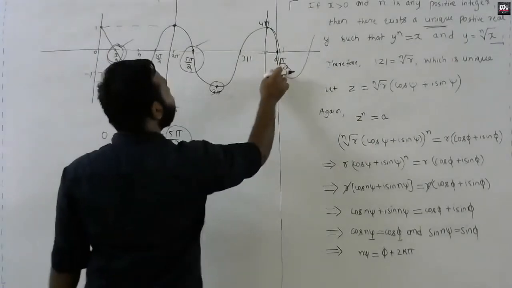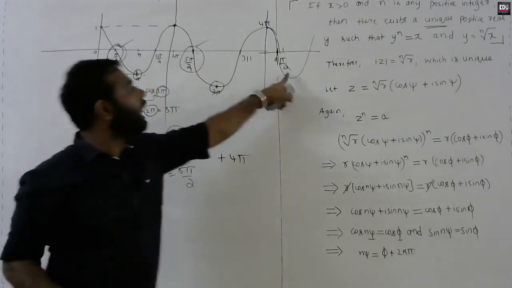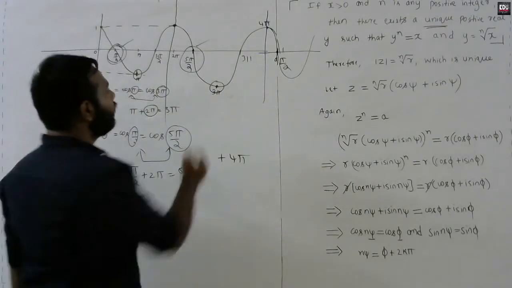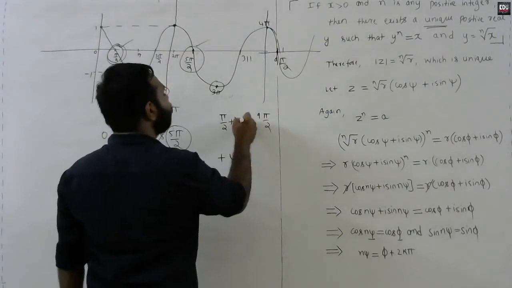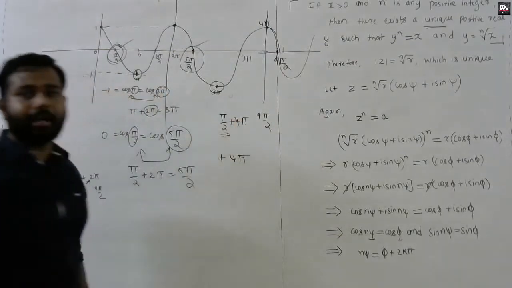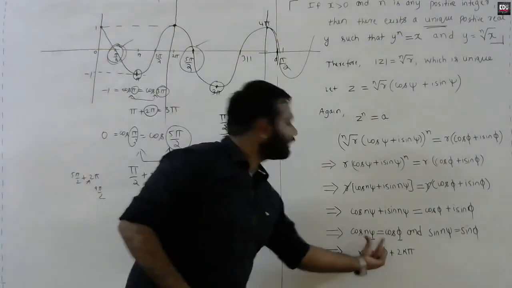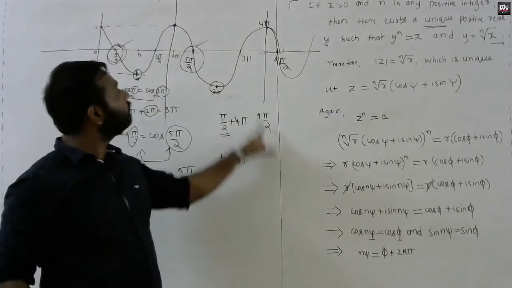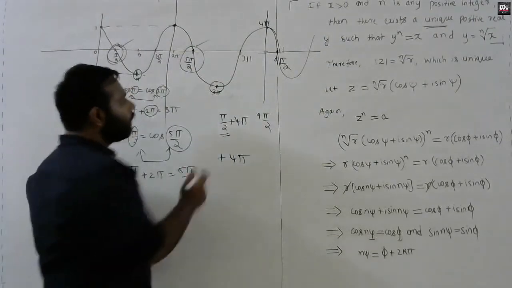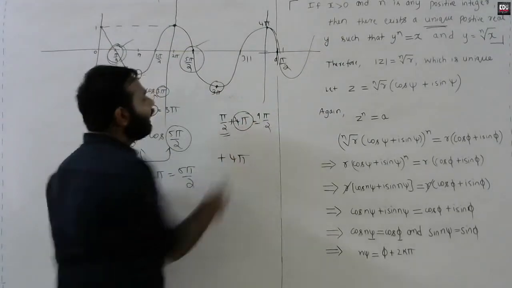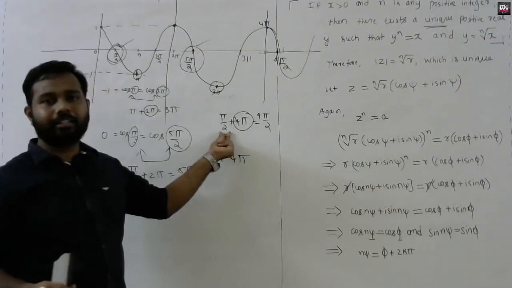Cos of 9 pi by 2 and cos of pi by 2 are both 0, and the angles are symmetric points, and you get 9 pi by 2 by adding 4 pi to pi by 2. So two cos values being equal means the angles are symmetric points on the graph of cos, and moreover one is got by adding some integral multiple of 2 pi to the other.